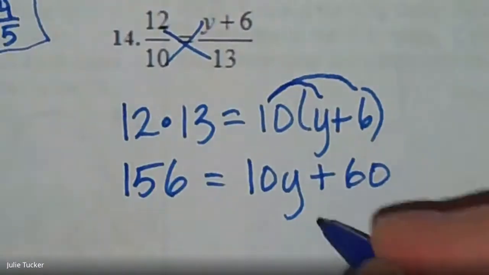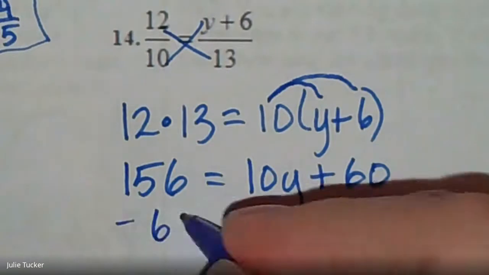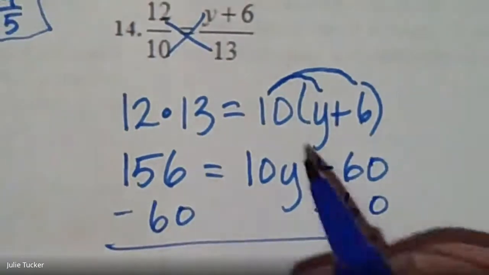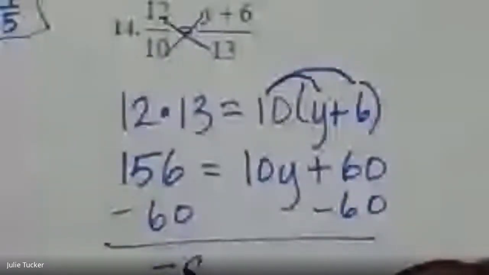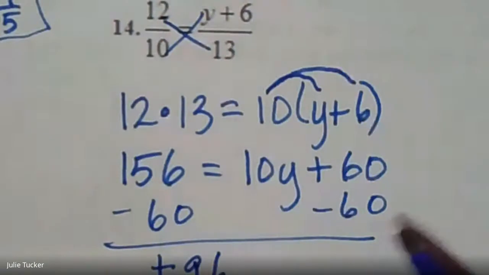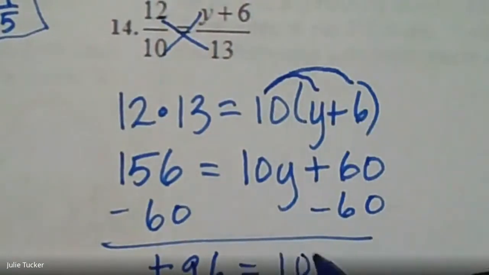Good. That's going to be negative 9. Oh, just kidding. Not negative, positive 96. Okay. I think that's right. 156 minus 60 is 96.